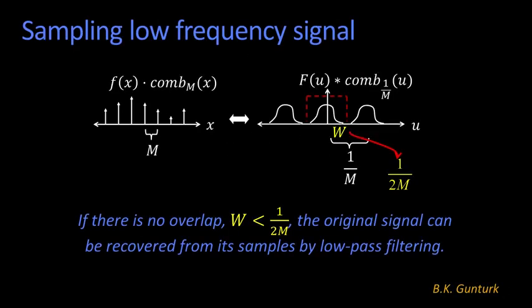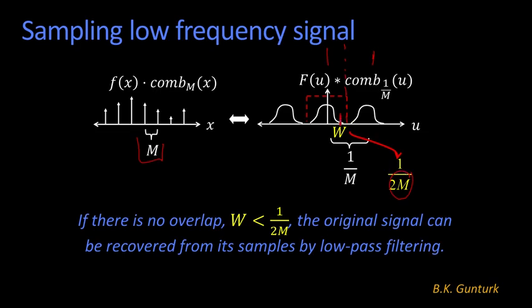Exactly what is small enough? Well, here it's written like this, okay? If my comb filter has spacing m, then the Fourier transform of the comb has spacing 1 over m. Half this distance here is 1 over 2m, okay?